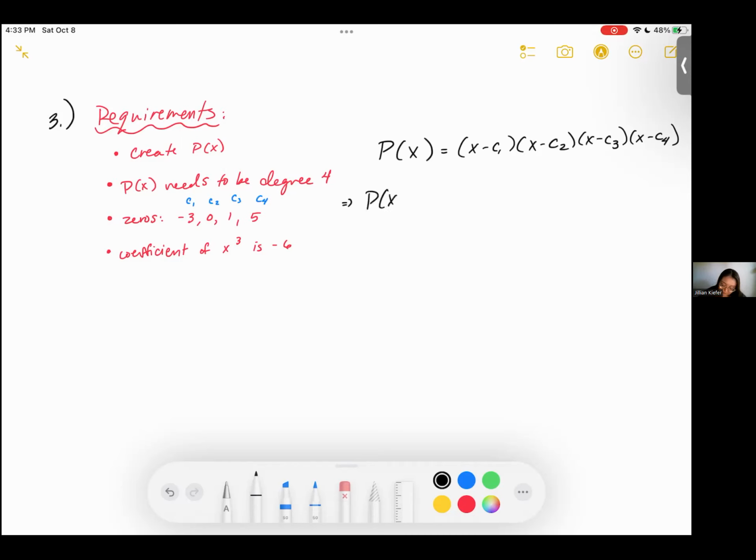So we're going to take this step by step. So we got x minus -3. That was c sub 1. Then we have times x minus c sub 2, which was 0. And then we have x minus c sub 3, which was 1.